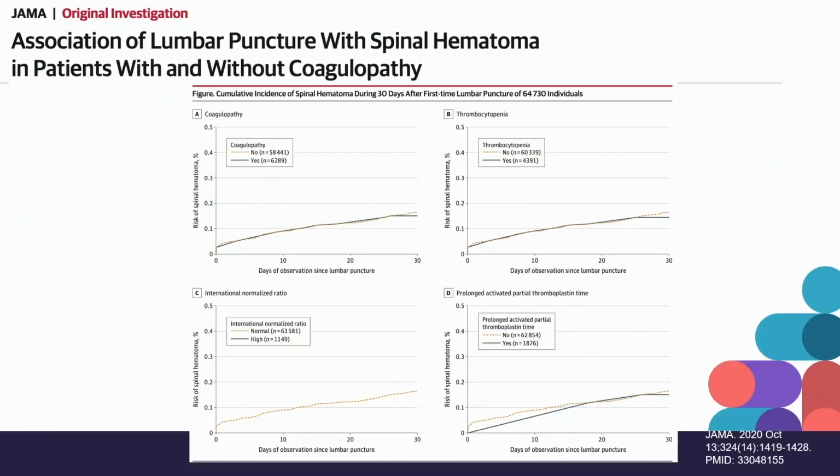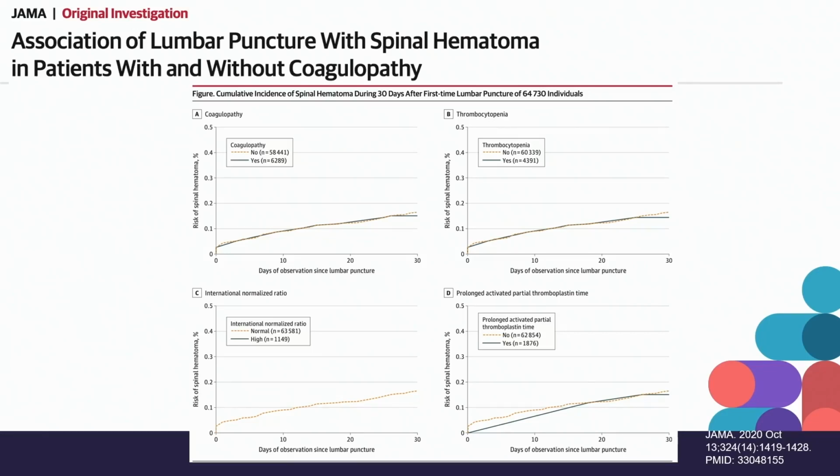If we look at the association of lumbar puncture with a spinal hematoma in patients who do and don't have coagulopathy, this was a retrospective study looking at 30-day risk of spinal hematoma. This is over 80,000 lumbar punctures in about 65,000 patients, so some patients had multiple lumbar punctures.